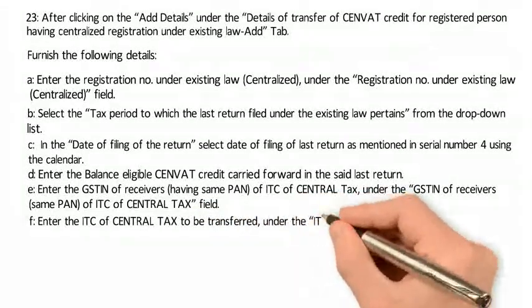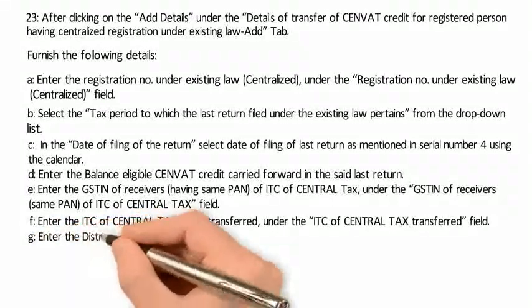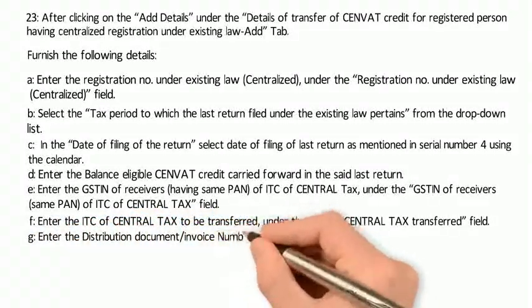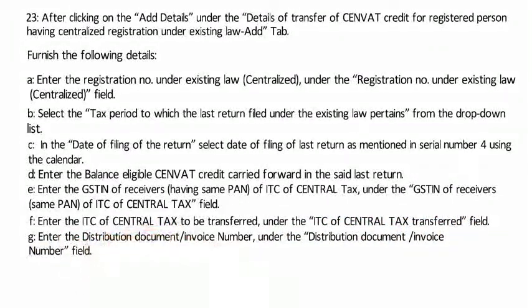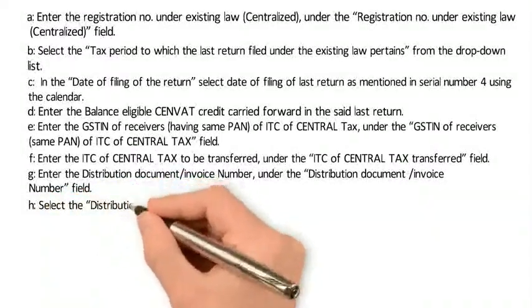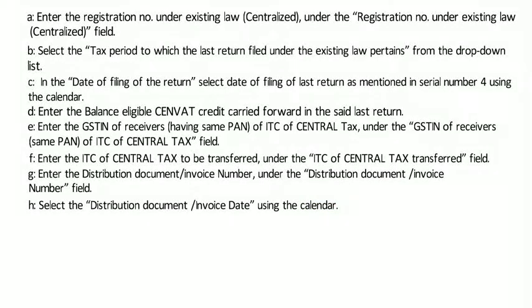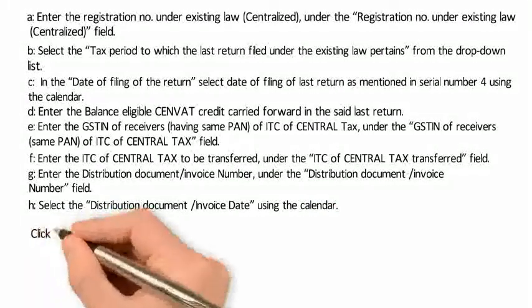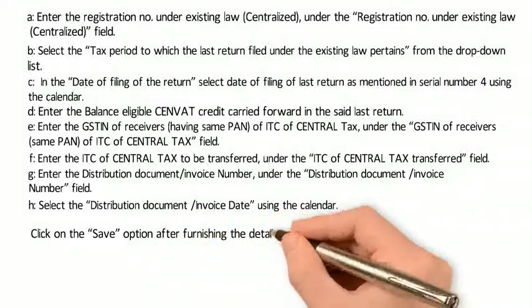F. Enter the ITC of central tax to be transferred under the ITC of central tax transferred field. G. Enter the distribution document invoice number under the distribution document/invoice number field. H. Select the distribution document/invoice date using the calendar. Click on the Save option after furnishing the details.